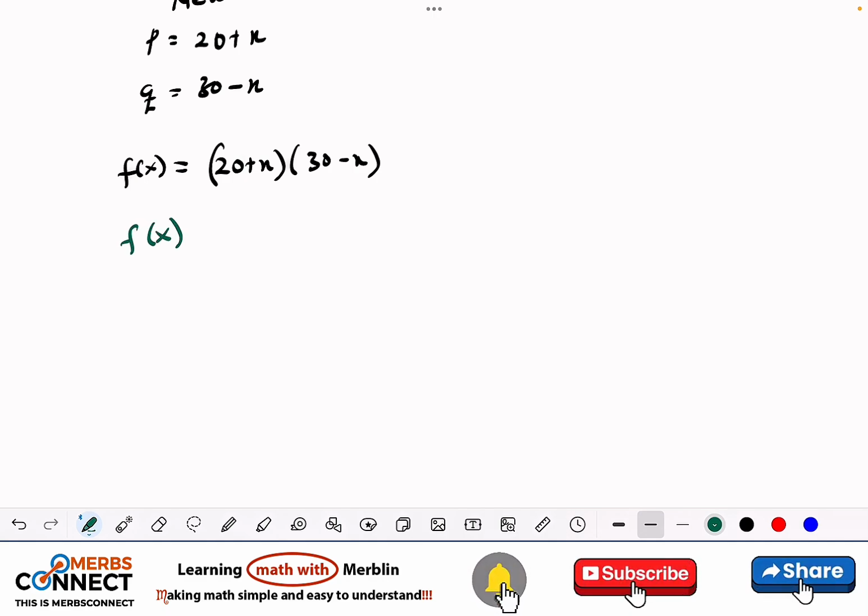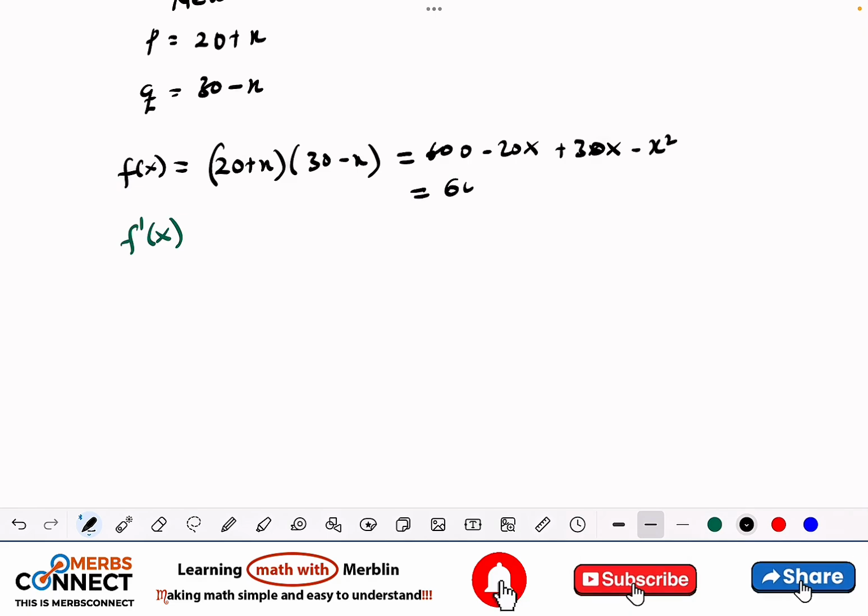So what is f prime? First, let's simplify the function before we talk about f prime. This is the same as 600 minus 20x plus 30x minus x squared, which is going to give us 600 plus 10x minus x squared.